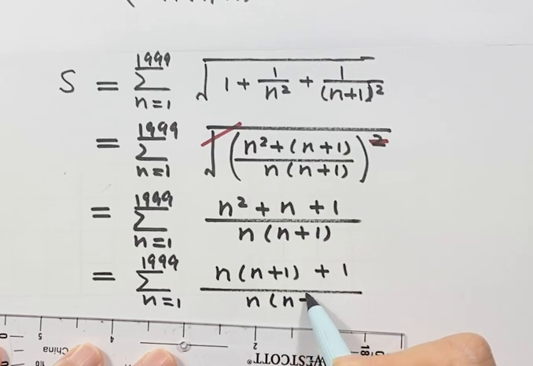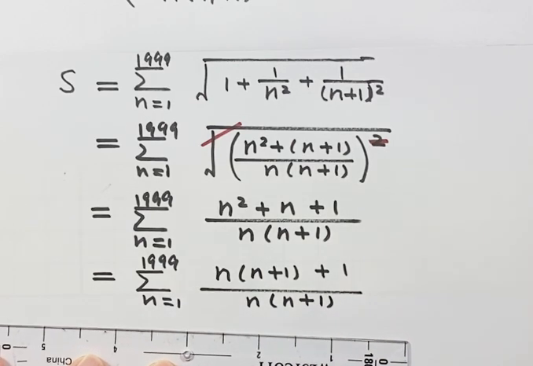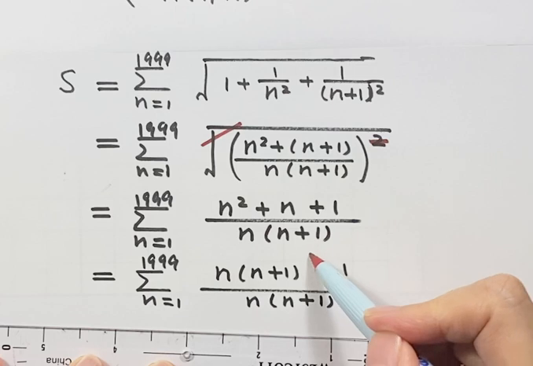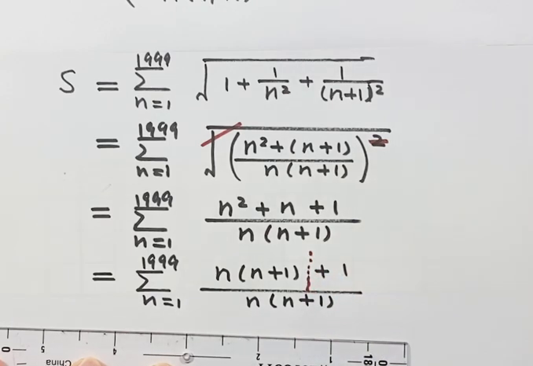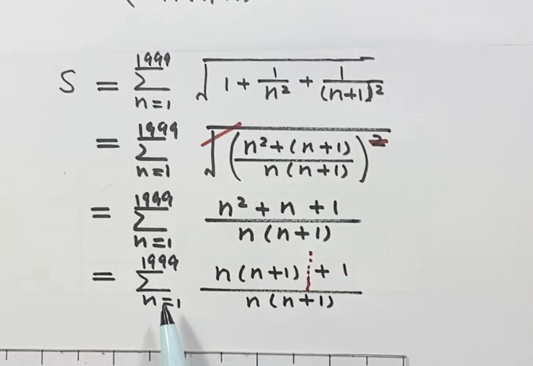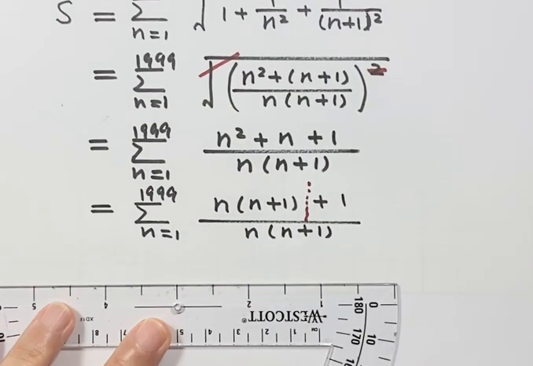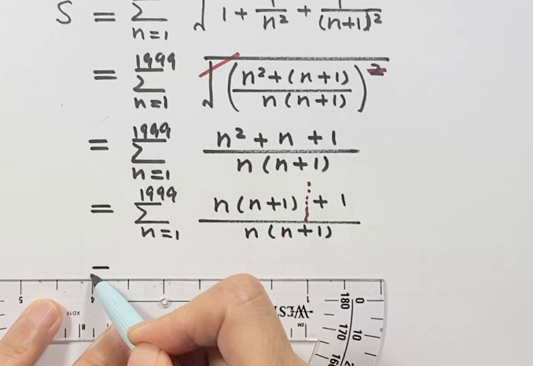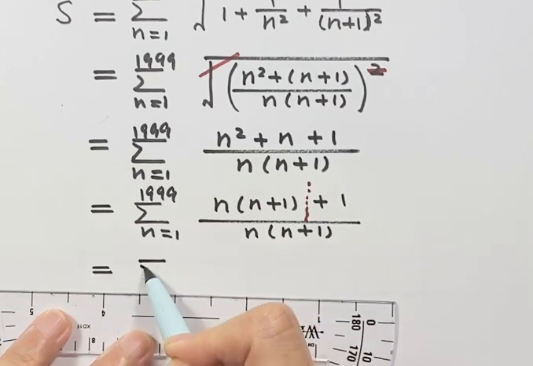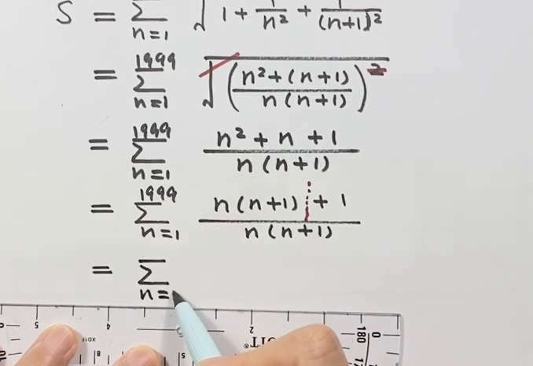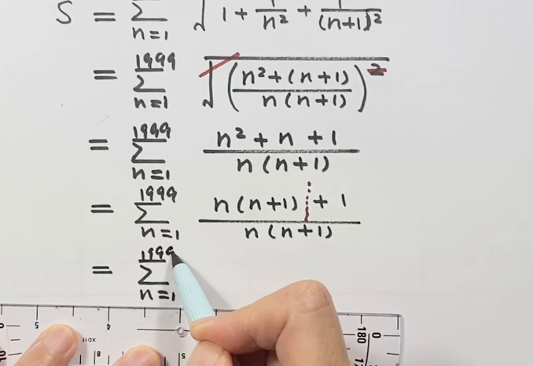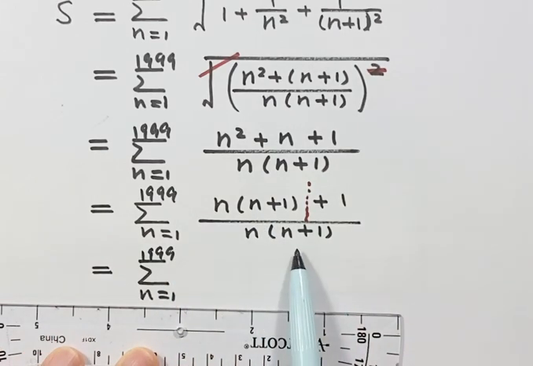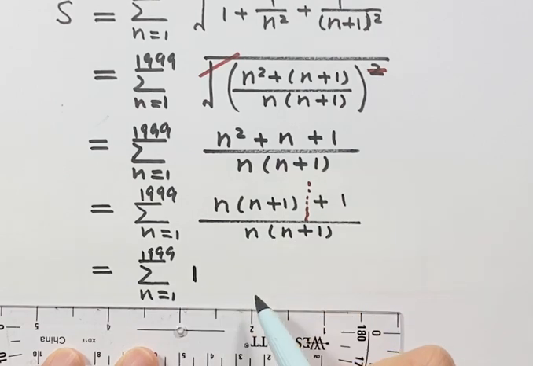Then we are going to split the numerator into two parts. So we're going to split from one sum into two sums. Because the numerator and the denominator are the same, they cancel, so that's why the first part is just 1.